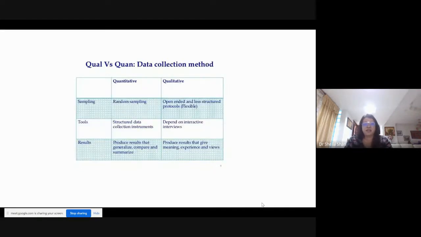You can just look at the different sampling. Qualitative is less structured, depending on the interactions or the interviews. That is your tool, your instrument. Okay, result. Qualitative produces results that give meaning, experience, and view.